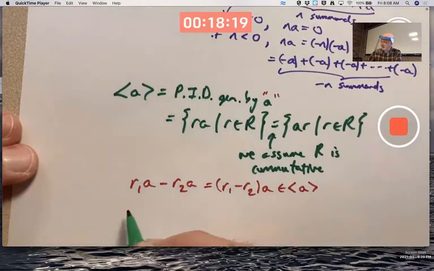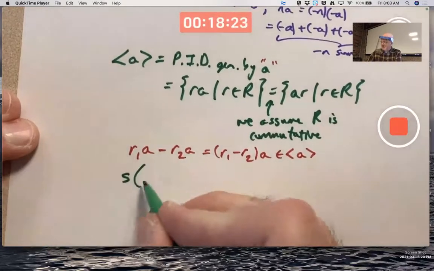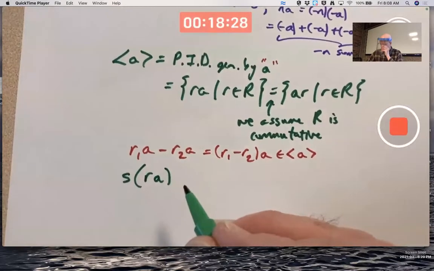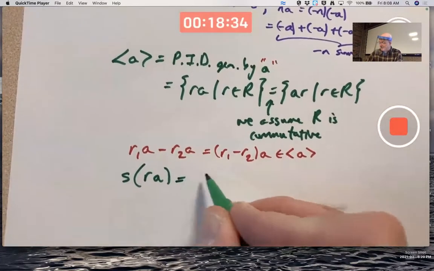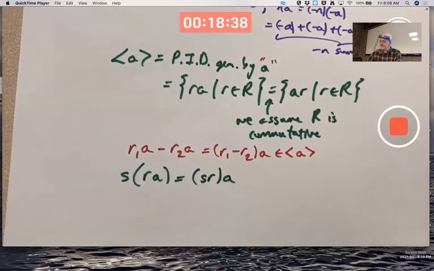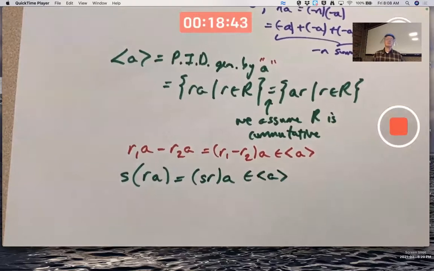Give me some arbitrary element of the ring, call it, say, s. Multiply it by an arbitrary element of this principal ideal. Is it still in the principal ideal? Yeah, the associative property can be used to emphasize that it is something in the ring times a. This is an element of the principal ideal generated by a.